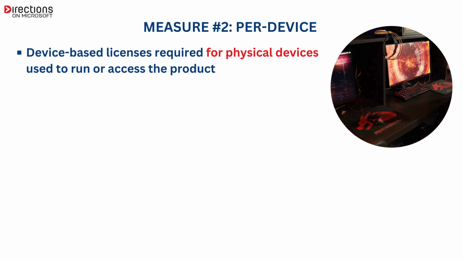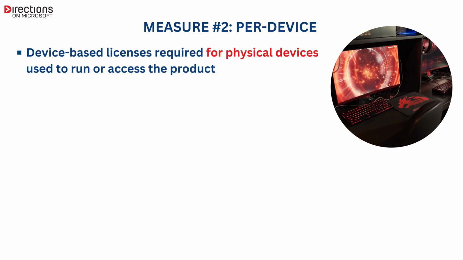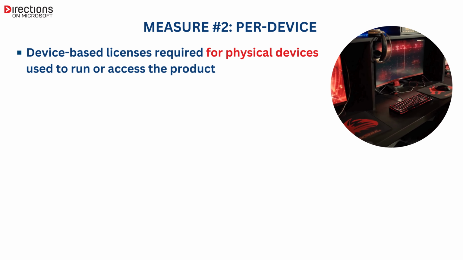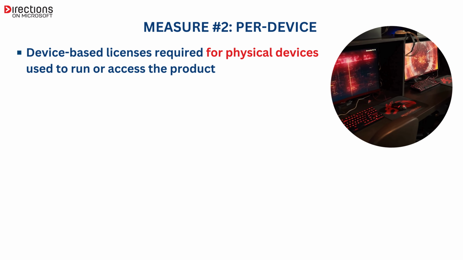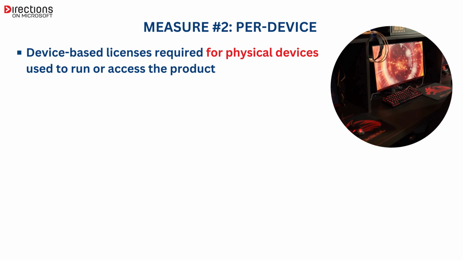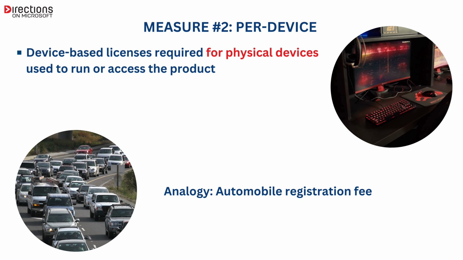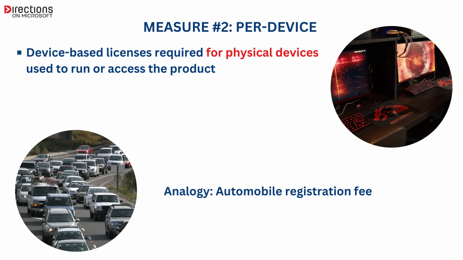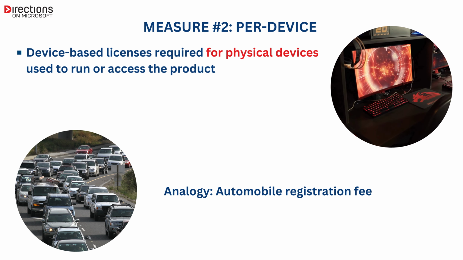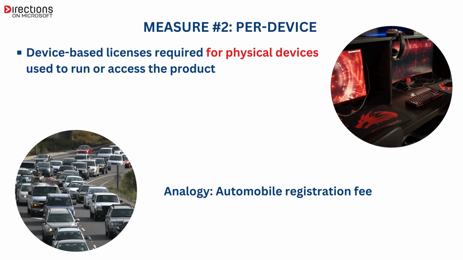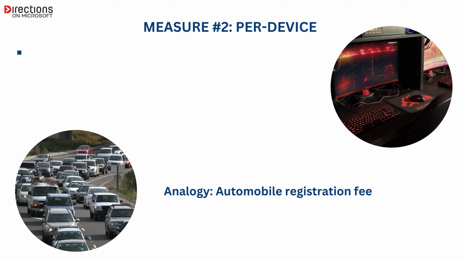Per device licenses are priced per physical device. And by physical device, I mean either a client device like a PC or server hardware. Sticking with the government fee analogy, a per device license is akin to your auto registration fee. That fee is associated with a device, your car.